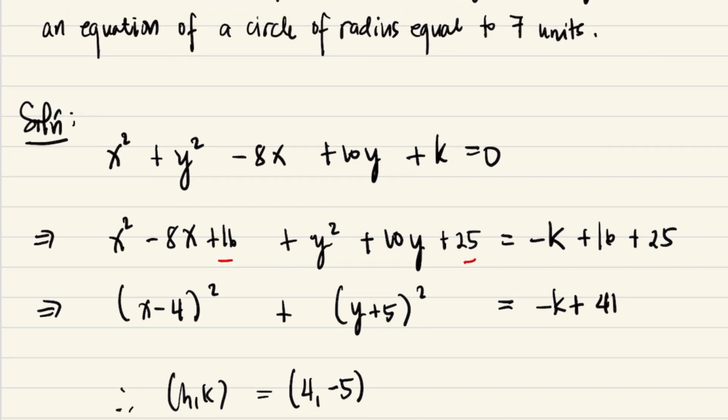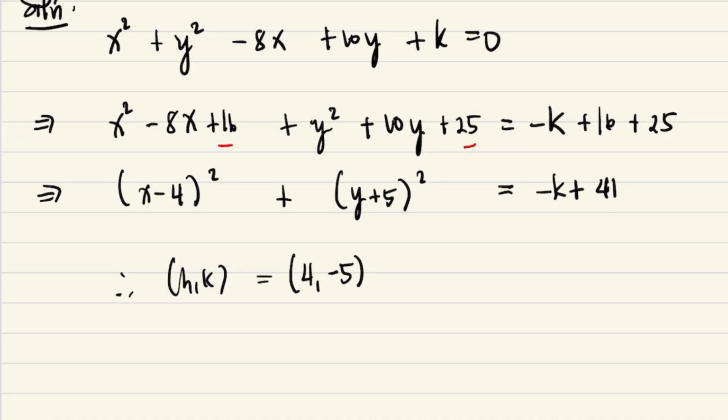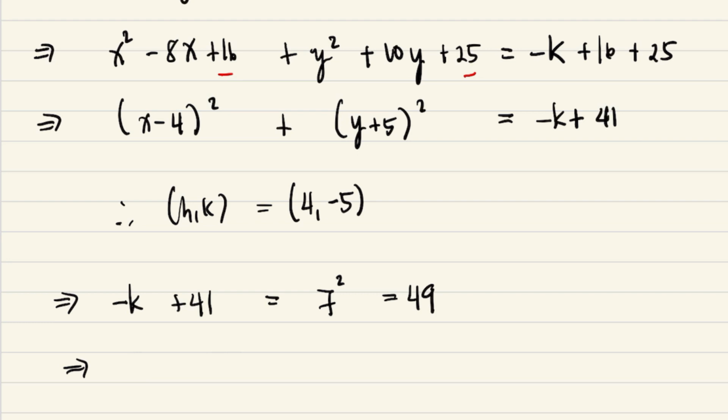Our concern is to find the value of k that makes this equation have a radius equal to 7. So this means that minus k plus 41 is equal to 7 squared, which is 49. And so k is equal to 41 minus 49, which is negative 8. Therefore, this is the value of k.